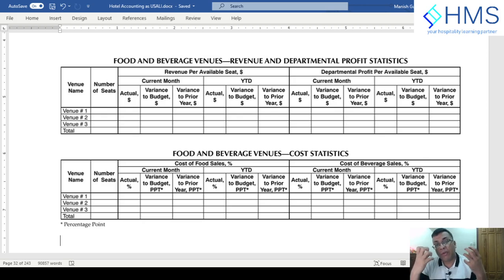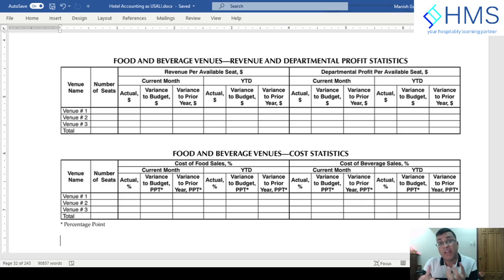The hotel needs to maintain a very proper set of accounting records, a set of transfer records for aggregating the cost between these venues, otherwise the cost statistics for these venues will be wrong if you are not transferring the cost of beverages, cost of food from the centralized services to the individual venues, or from one venue to another.